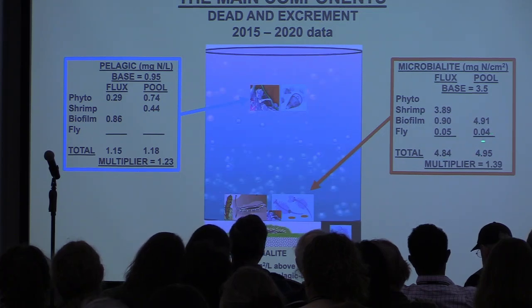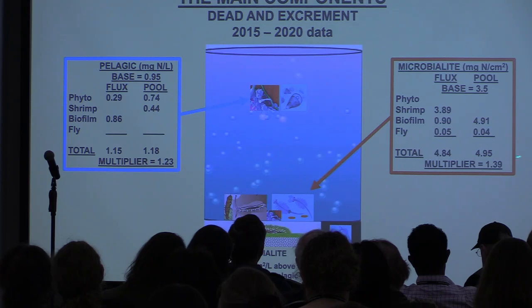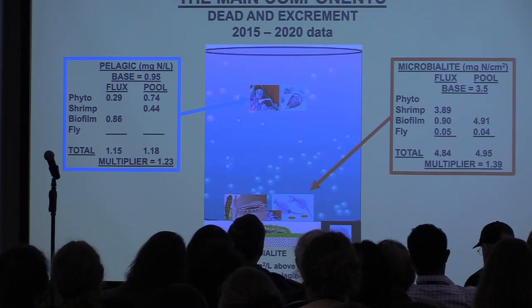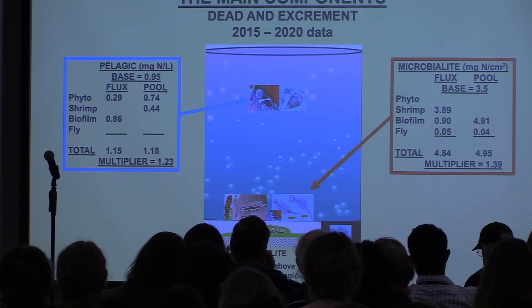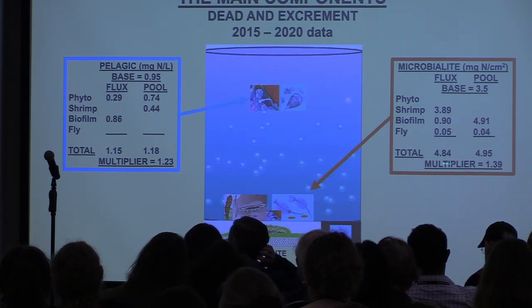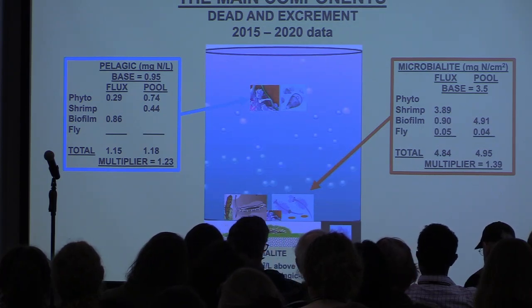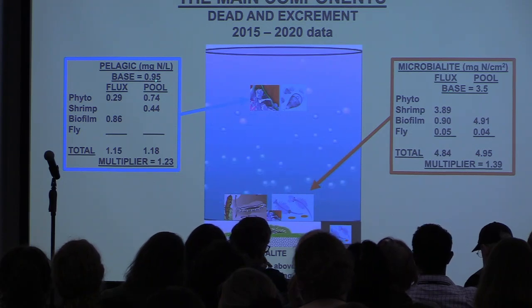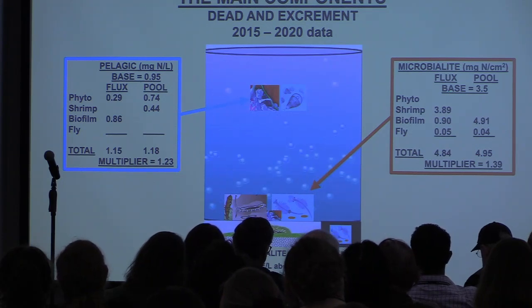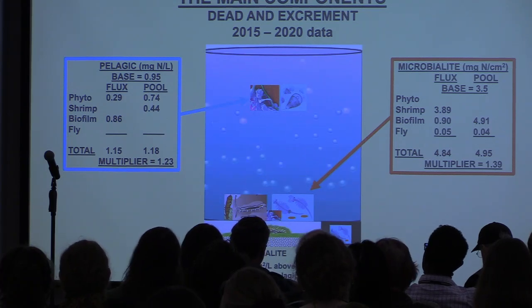And it adds up to 4.84 versus 4.95. A little bit further off than in the pelagic, but still nearly balancing. And the multiplier effect here is 1.39 with a base of 3.5 if you convert this value on a centimeter squared basis in the benthic environment.